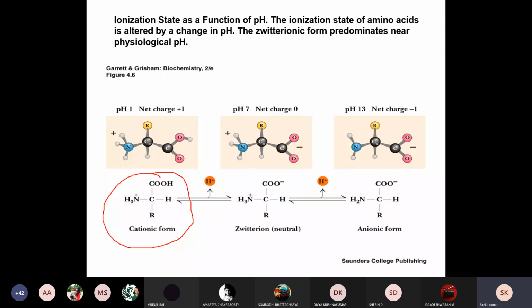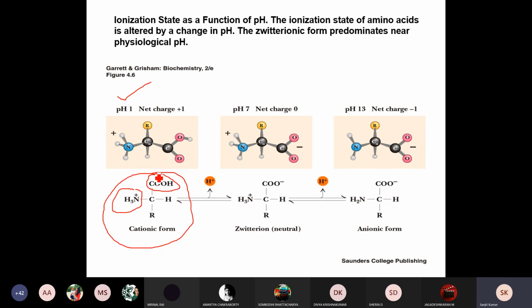Always remember, when the pH is 1, what will happen? Suppose you are dissolving an amino acid which contains NH2 and COOH, what will happen when you dissolve it at pH 1?